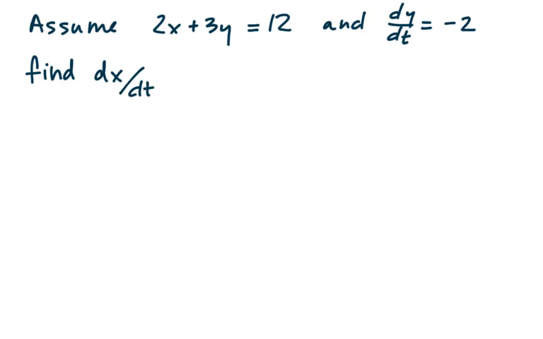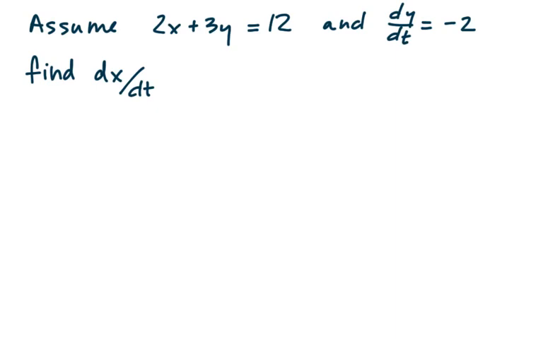So the function's in terms of x and y, and we need to differentiate with respect to t. Okay? Is there a t in the given equation? And the answer is no. So when we differentiate a different variable like x with respect to t, we're going to need to write dx/dt behind it.